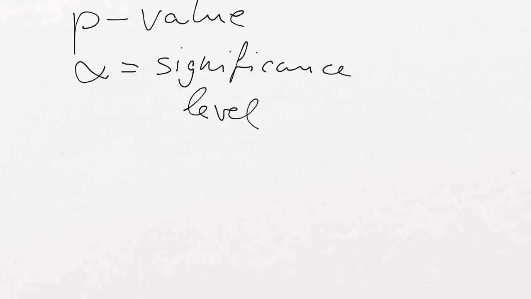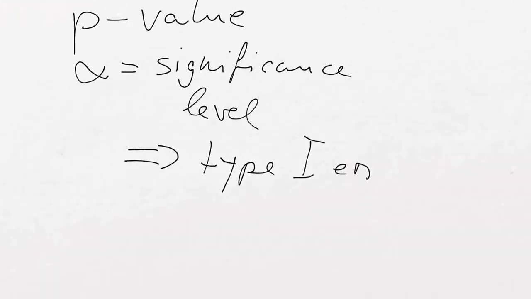Alpha is also commonly referred to as how much of an error we want to make. It's also correlated with what is called a type 1 error. I don't want to go too much into detail, but a type 1 error is defined as assuming that there is an effect when there is no effect.